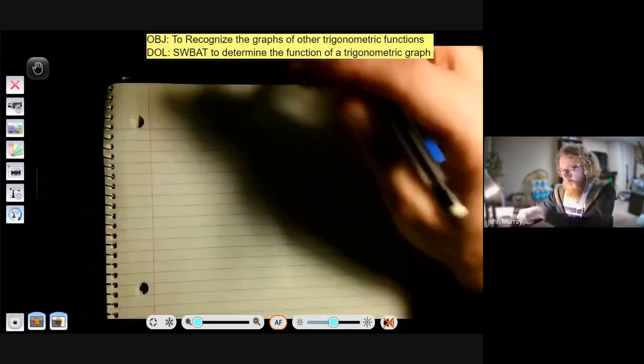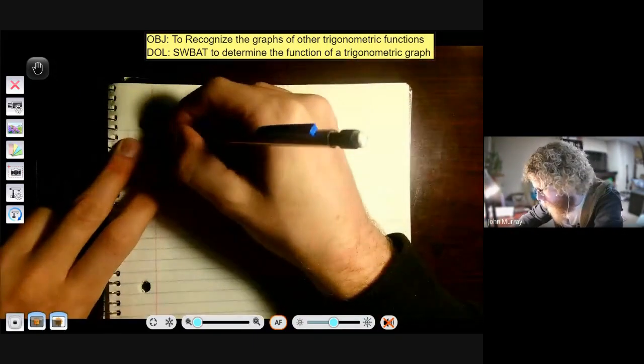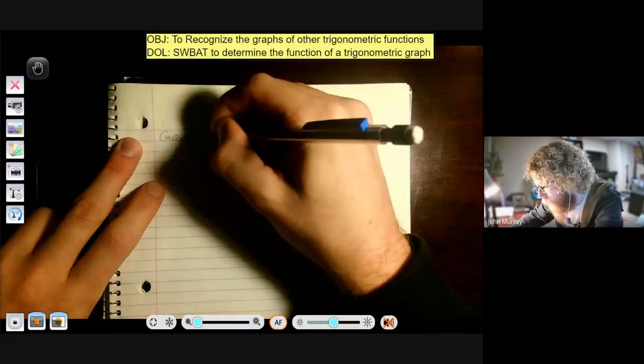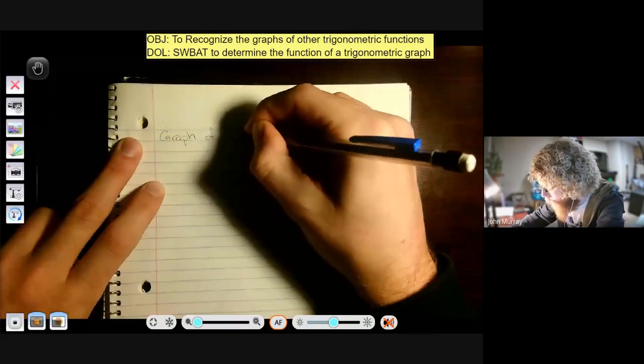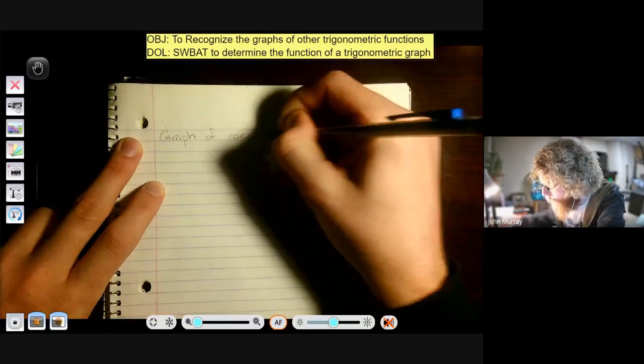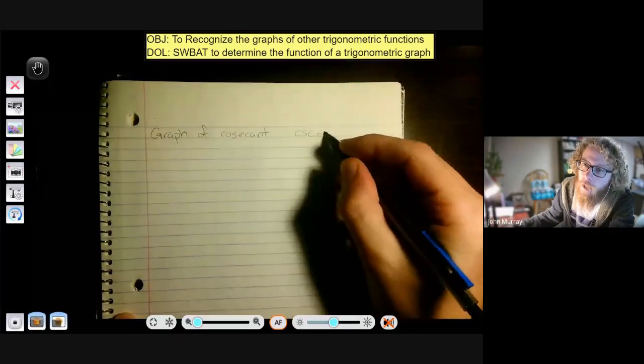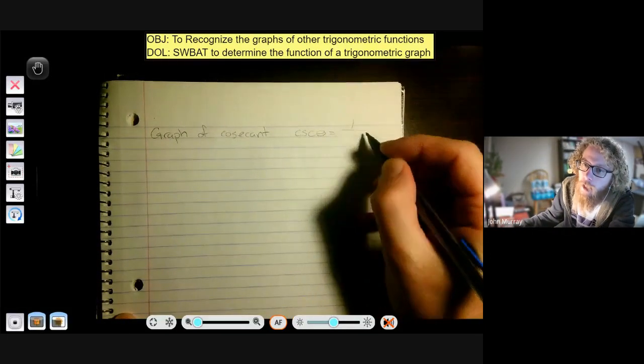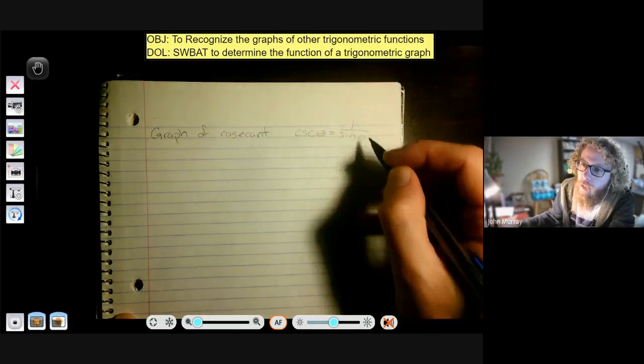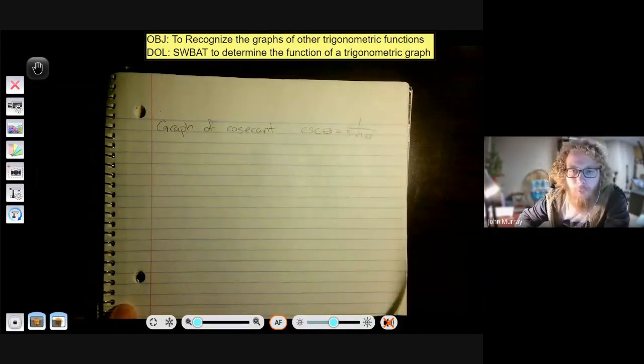All right. Now, the other two are really interesting. So we'll look at cosecant first. So cosecant is the inverse of sine.